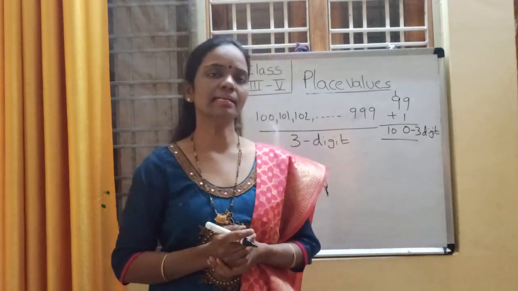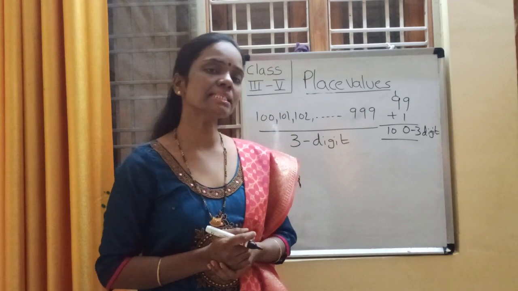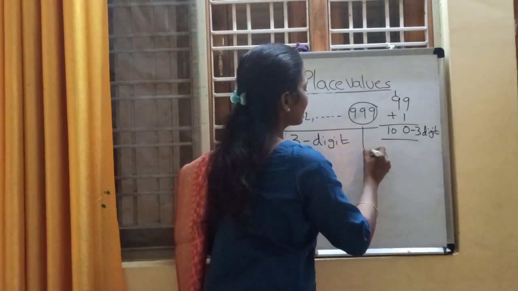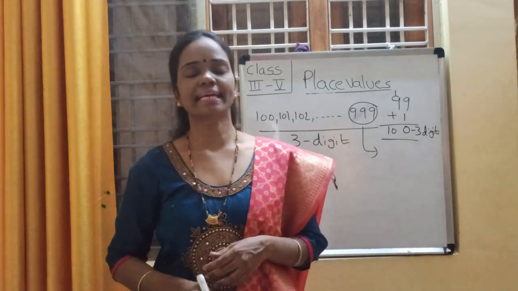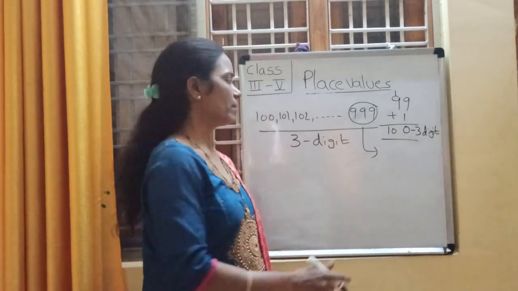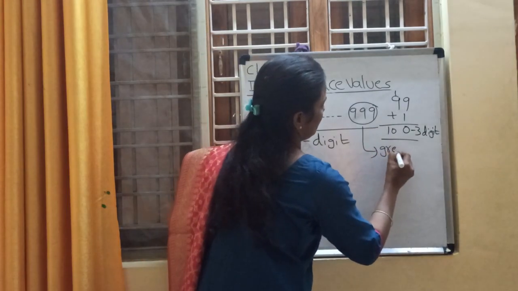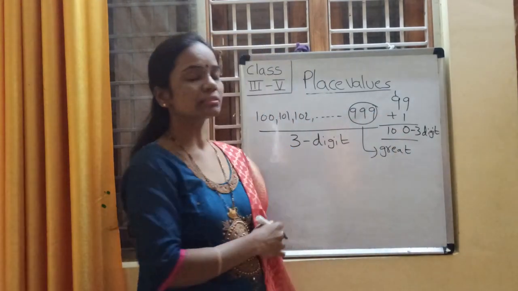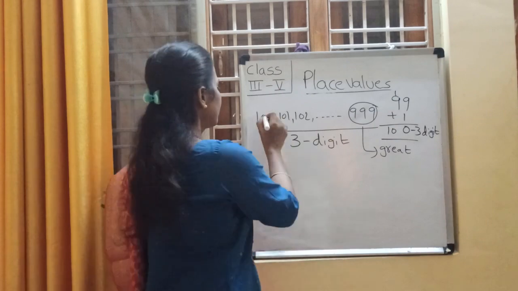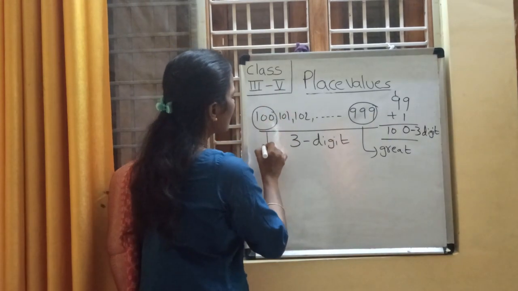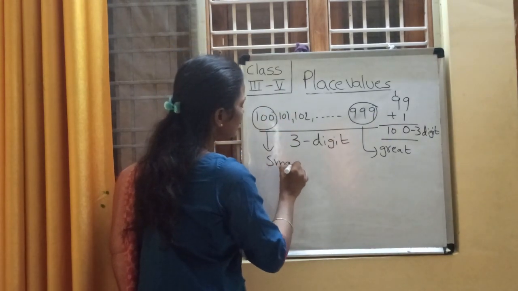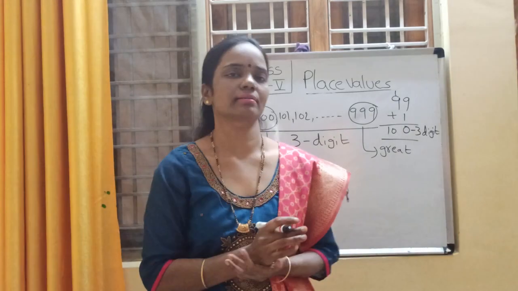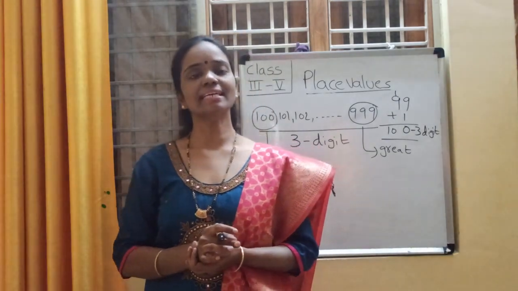Now tell me children, which is the biggest 3-digit number? 999 is the greatest 3-digit number and 100 is the smallest 3-digit number. Now I am going to write a table children.